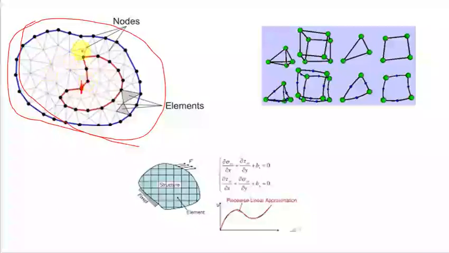What we do is break it down into elements. These are the elements. After breaking it down, the elements look like these ones here. These are the elements with nodes and with bonds. So for you to know the strength of this material, you need to know the strength of this bond.